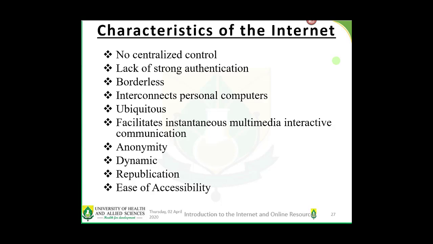It has been built on open architecture, and that leaves it with no centralized control. There's no policeman on the internet that is guiding or restricting people's behavior, and so anything at all can be found online. And you know, as librarians, we also support the democratization of information and knowledge, and so it is quite a difficult thing to manage the access and quality of information and all of that.